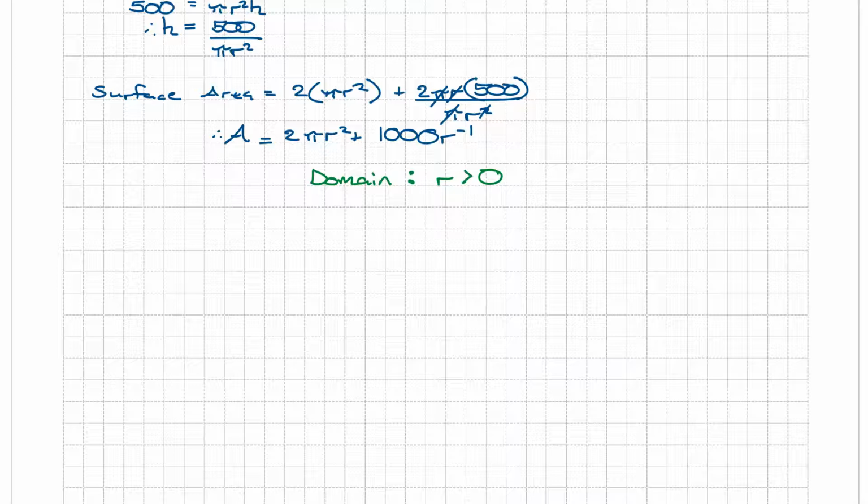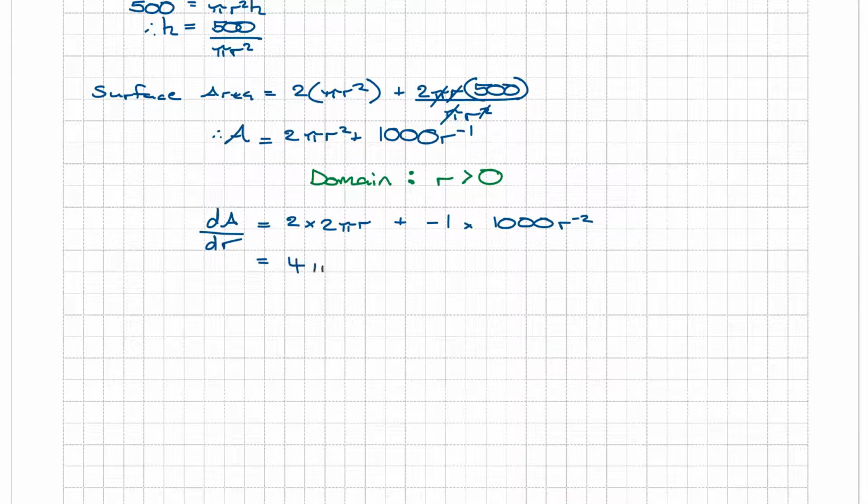So what we need to do is first find the derivative, and then we're going to go for a sign diagram. So dA over dr is going to be 2 times 2 pi r plus -1 times 1000 r to the -2.